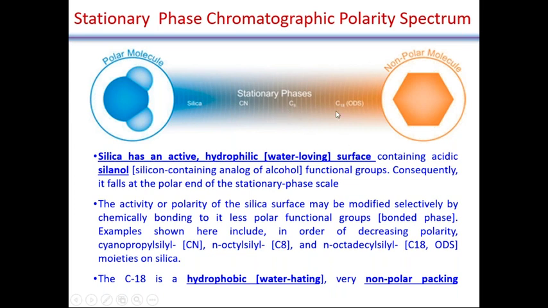C18 is the most hydrophobic bonded phase, which is highly nonpolar, whereas silica has the OH group, an active hydrophilic group, and it is a water-loving surface. And in between, you have the cyano, phenyl, octyl, and so on.